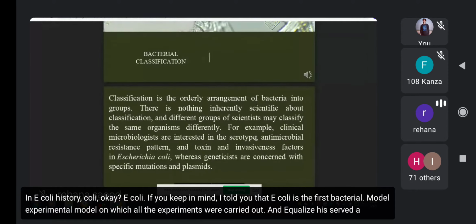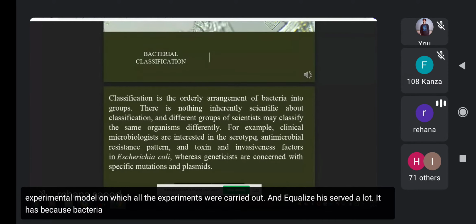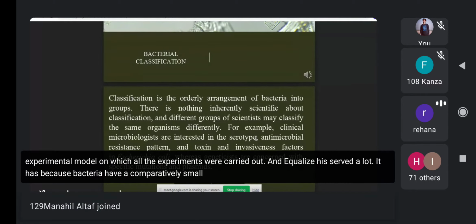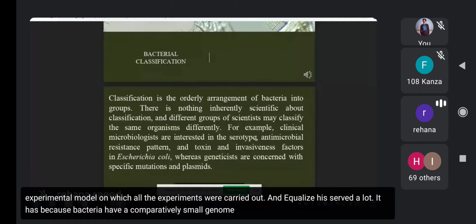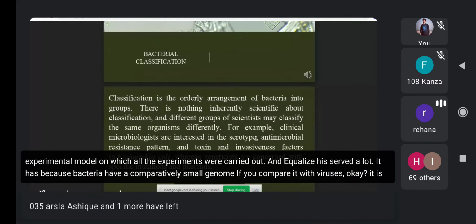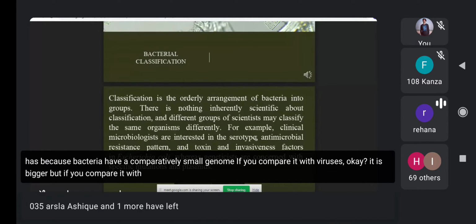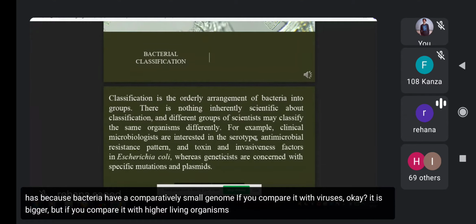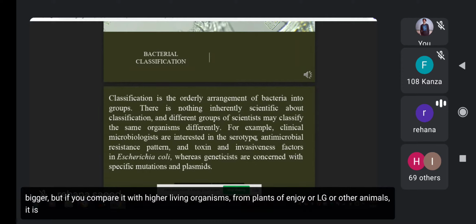It has, because bacteria have a comparatively small genome if you compare it with viruses. It is bigger, but if you compare it with higher living organisms like plants or fungi or algae or other animals, it is much, much smaller.